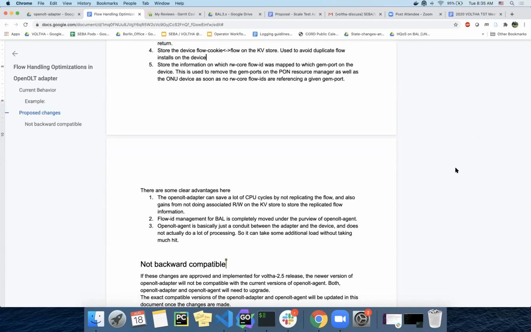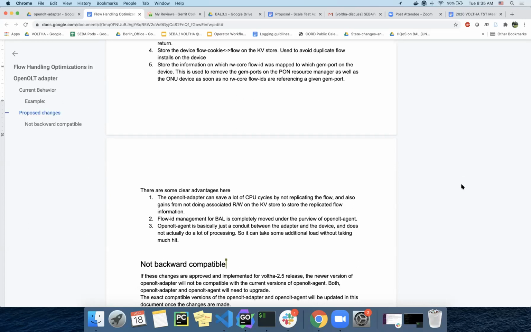Hi, Girish. This is Amit. I had a question. Just correct my understanding. The problem is because we are taking an OLT wide lock at the adapter, right? But once you move the management of the flow IDs to the agent, we would have to take an OLT wide lock at the agent as well, right? Yes, you're absolutely right.